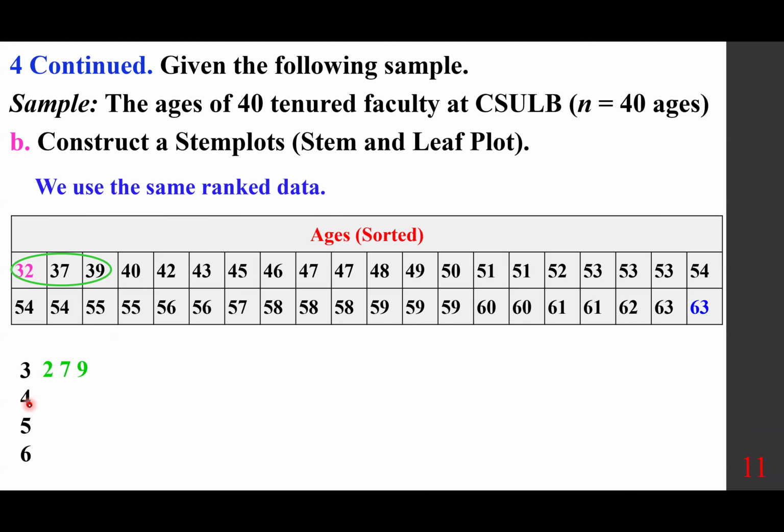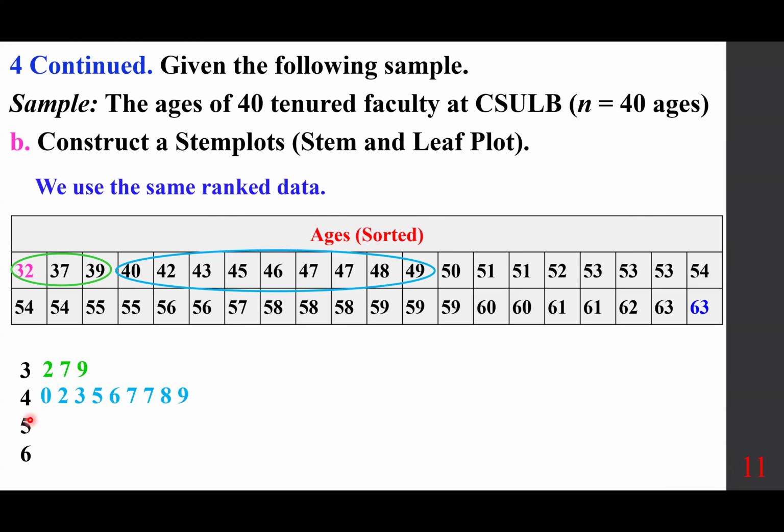Now, what about the 4s? We have so many. So we are going to put 0, 2, 3, 5, 6, 7. We have to put two of them: 7, 7, 8, 9. See, we have two of them. So if somebody was to read this, they would read 40, 42, 43, 45, 46, 47, 47, 48, 49. So very straightforward.